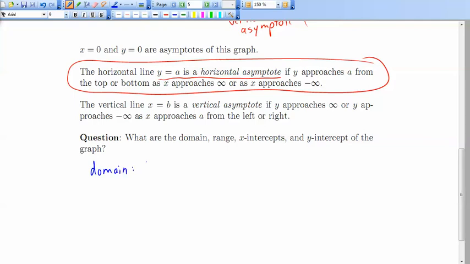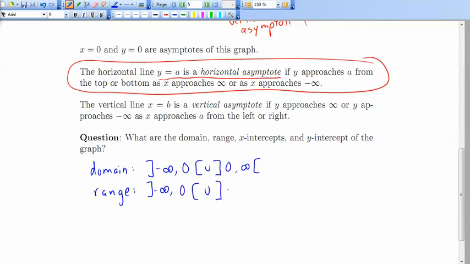So the domain is all real numbers except 0, and the range is the same thing. Now, for the x-intercepts, since it never crosses the x-axis, there are none. And the y-intercepts, well, we can only have one ever, and it turns out, since it doesn't cross the y-axis, we've got none.